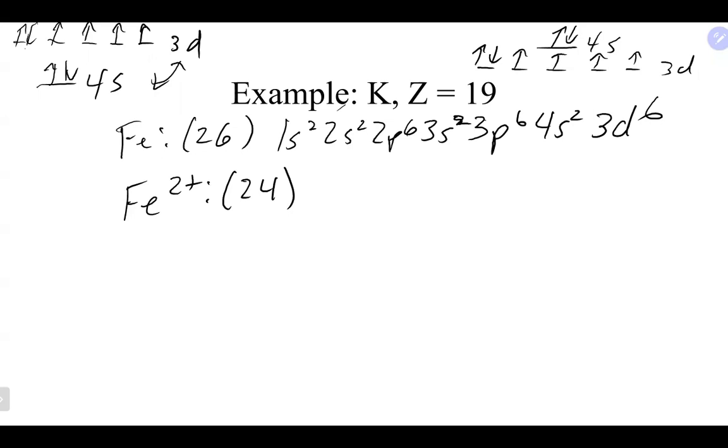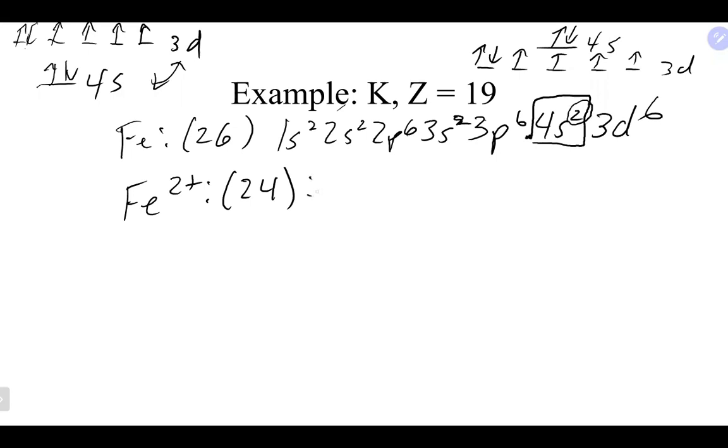So with transition metals, because there's this sort of switch in terms of the energy of those orbitals, they will always lose the s electrons first. So in this particular case, when iron goes to lose electrons, it would lose these 4s electrons first, and it would lose both of them in this case.